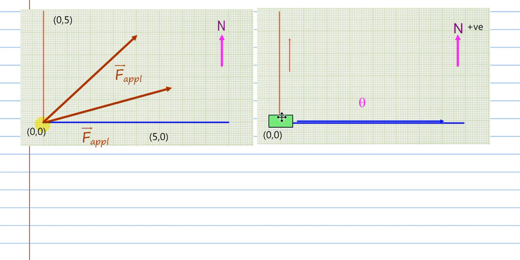But that, in fact, is what is happening. And that is the whole idea about resolving or breaking up a vector, such as this vector, into its two mutually perpendicular components.